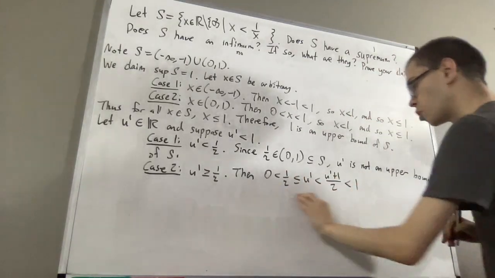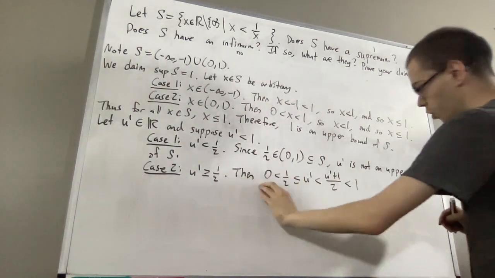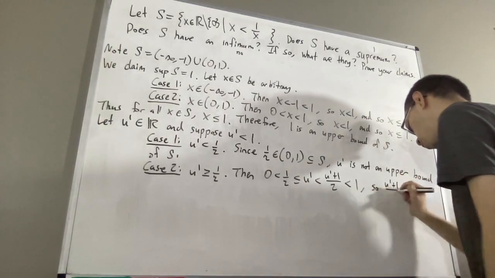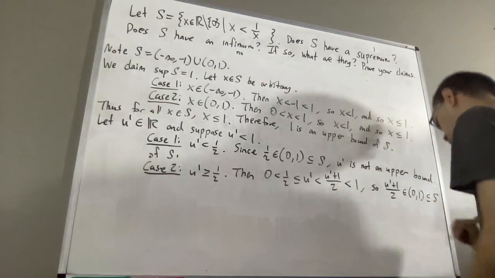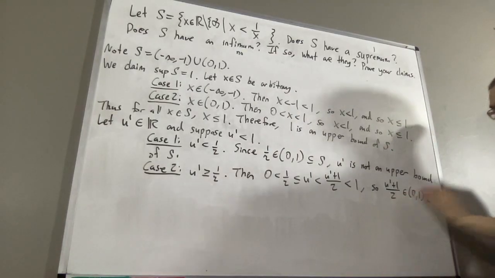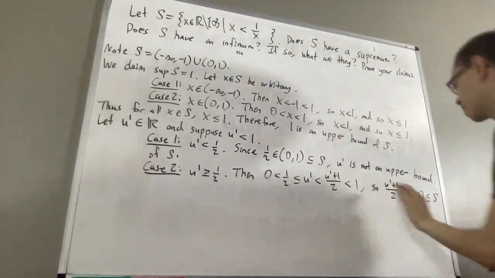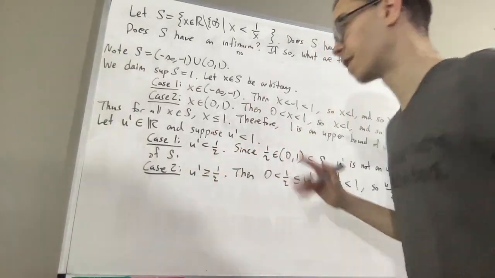So what this shows here is that u prime plus 1 over 2 lies strictly between 0 and 1. So u prime plus 1 over 2 is an element of (0, 1), which means u prime plus 1 over 2 is an element of S. U prime is strictly less than some element in S, and therefore u prime is not an upper bound of S.